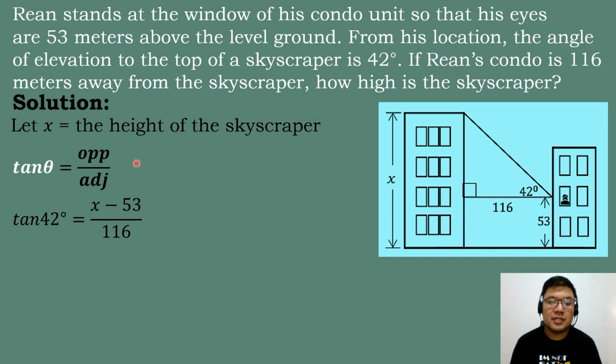So the opposite side is x minus 53, all over the adjacent side, the one in between our reference angle and the right angle, which is 116.